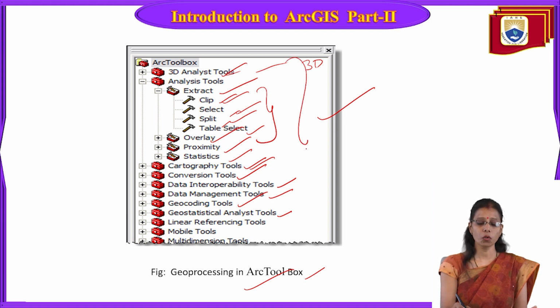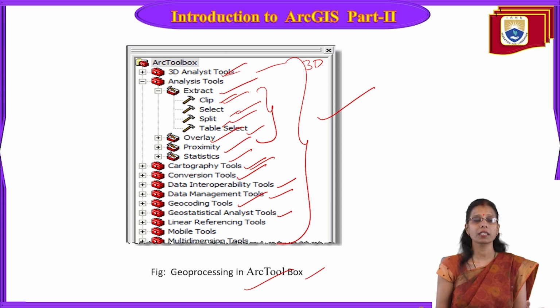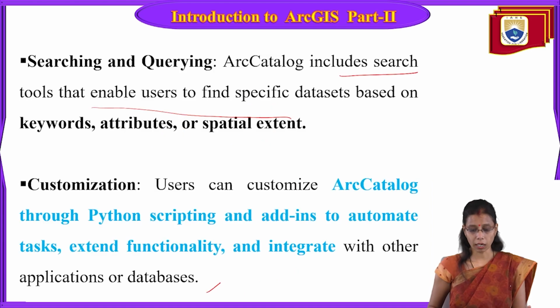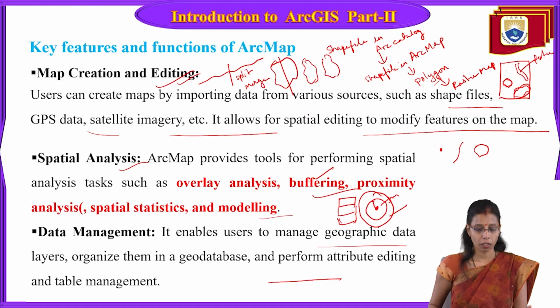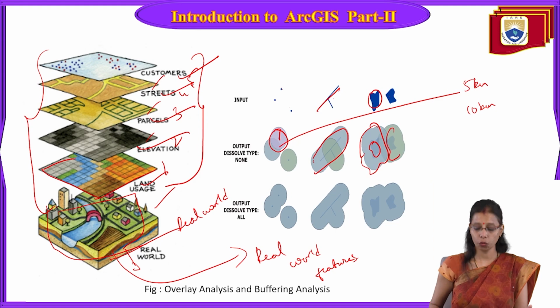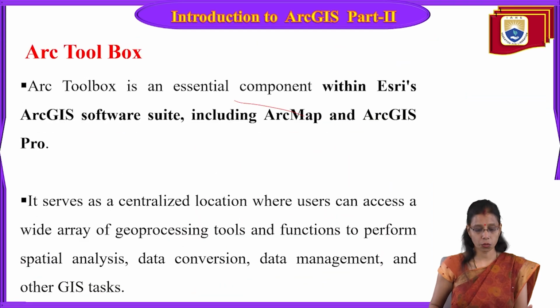There are many more tools present in this Arc Toolbox, which we can use from the geoprocessing tab, and which can be used from ArcMap as well as from ArcCatalog. So this is a very helpful tool which will help us to create our own creation, right?